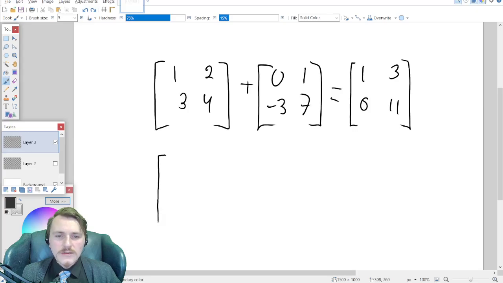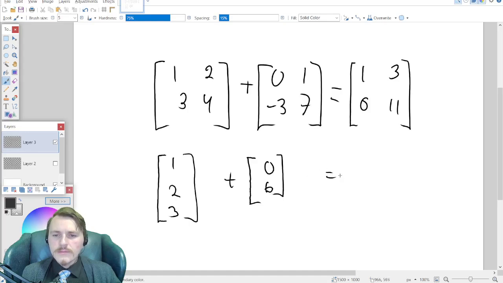other matrices, right? 1, 2, 3, and we want to add to this matrix here 0, 6. Well, what will that get us? Okay, 1, so first row, first column, there's only 1 row. I mean, only 1 column.